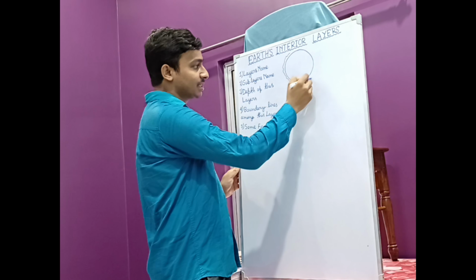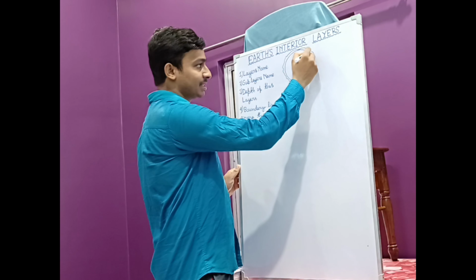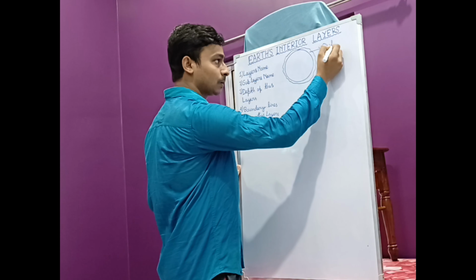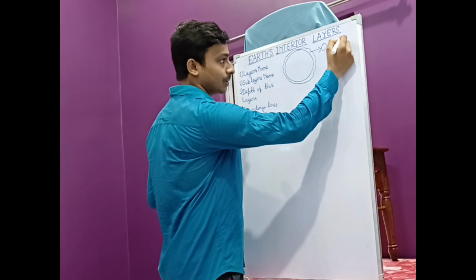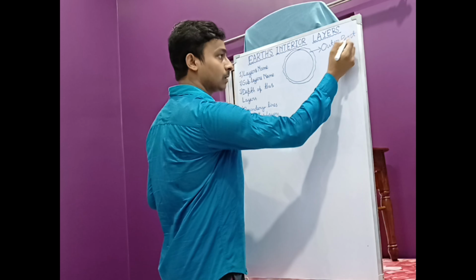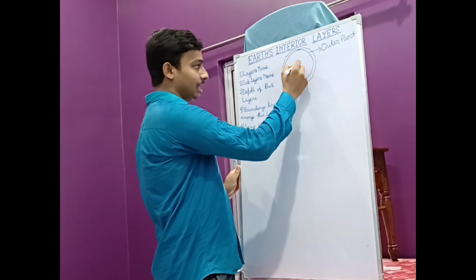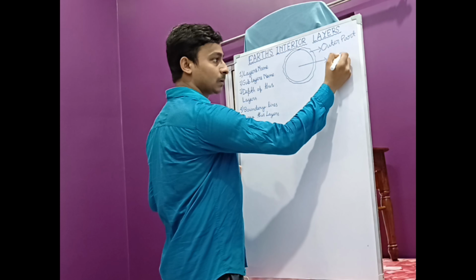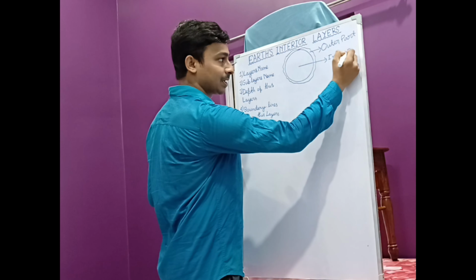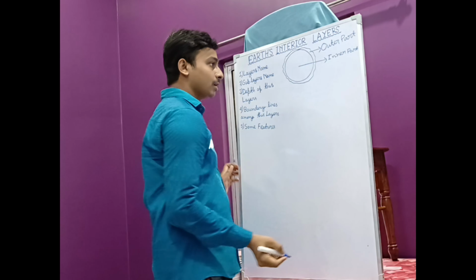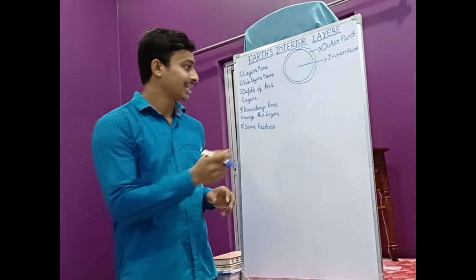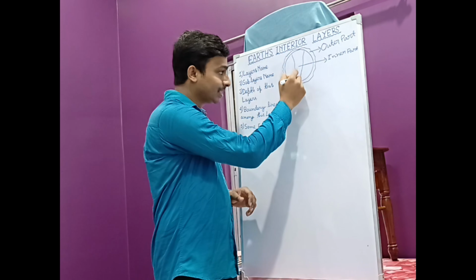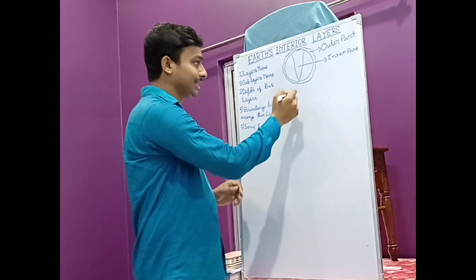This part is the outer layer of earth, the outer part of our earth, and this is the inner part of our earth. For understanding, I divide this inner part from outside.